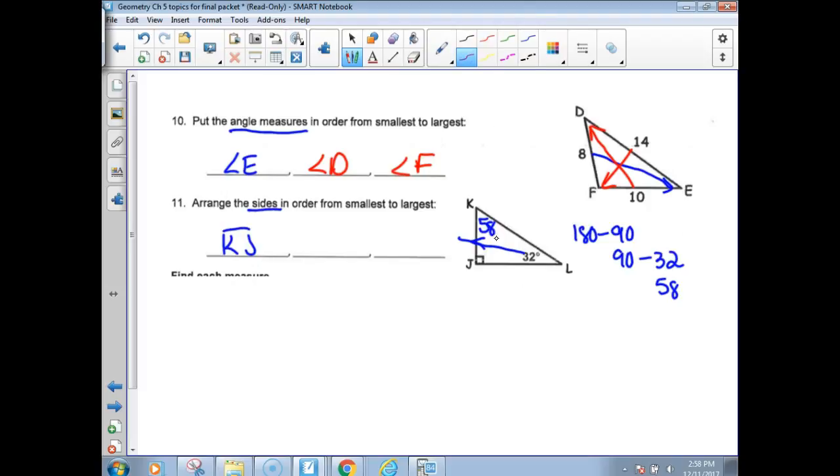The medium-sized side would be across from the 58, JL. I don't know why my arrows are going past my pictures or my sides, but anyway. The biggest of all angles is 90, so the biggest of all sides is across from it, KL. And the hypotenuse is always the biggest side in a right triangle anyway.